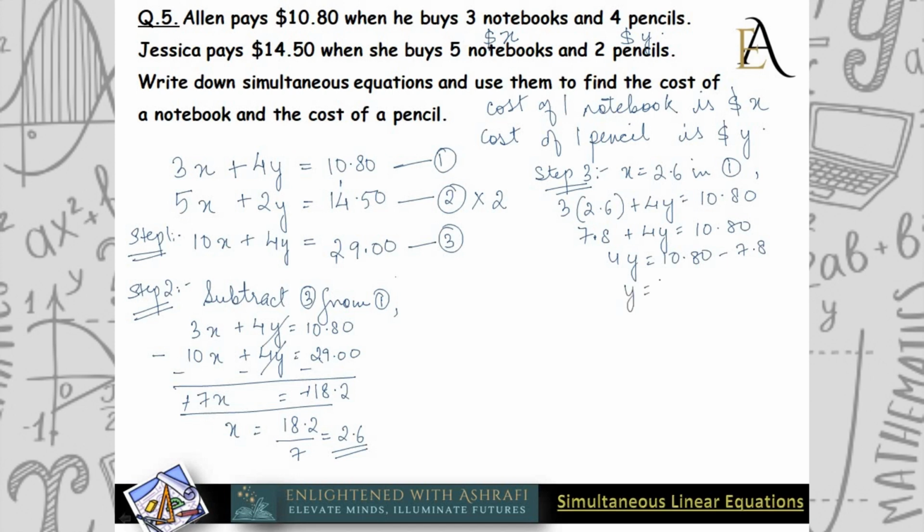So y is equal to 10.8 minus 7.8, which gives me 3 upon 4.